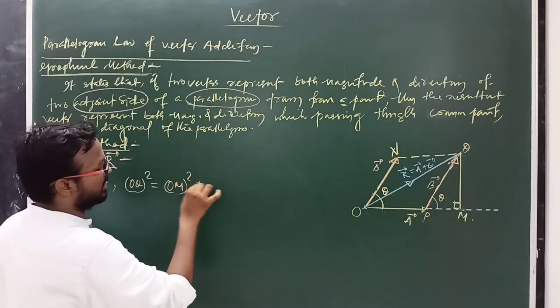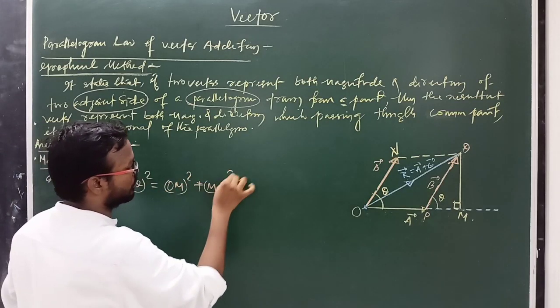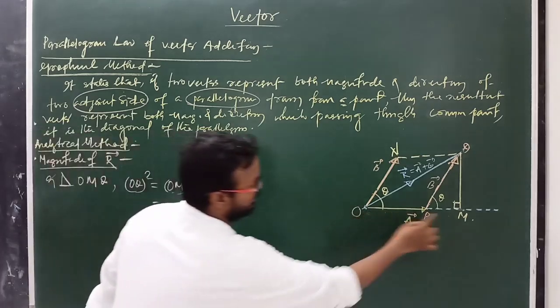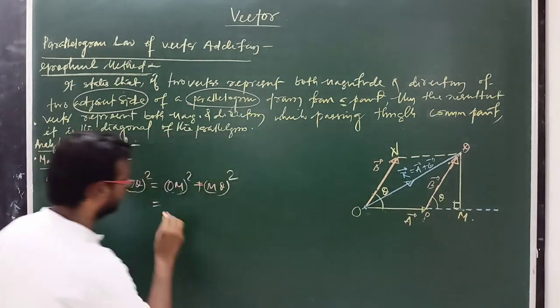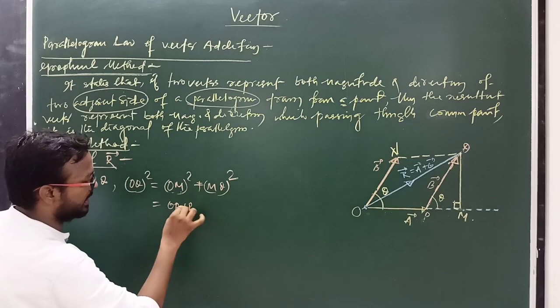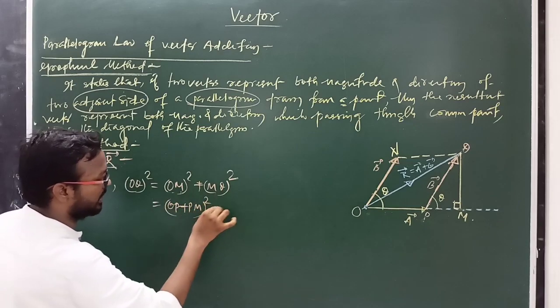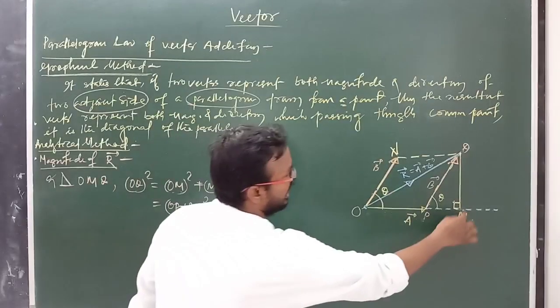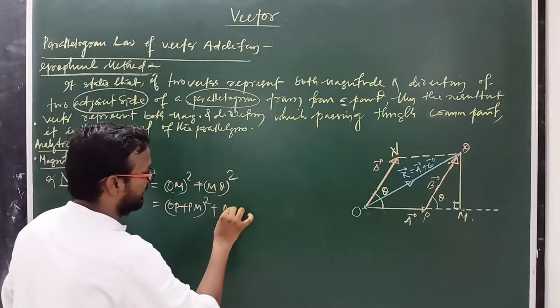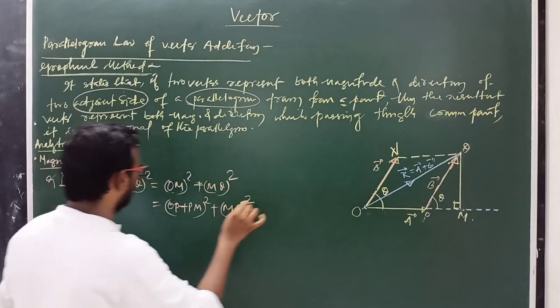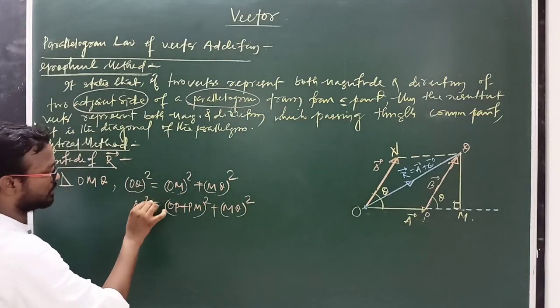OM can be written as OP plus PM, so OQ square equals (OP plus PM) square plus MQ square.